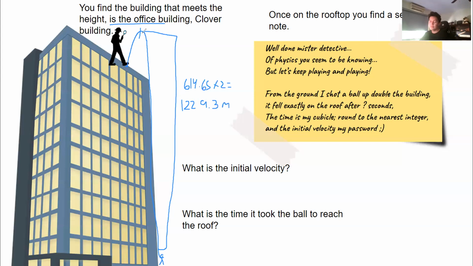And now, since it's from double the height, the second part of the problem, this one right here, we know that this is just one height of the building before falling onto the roof. So this part will be the height of the building, which is 614.65 meters. Now, what is the initial velocity?